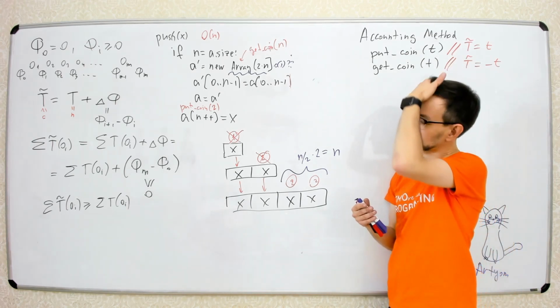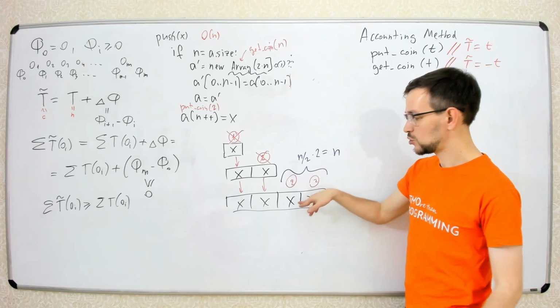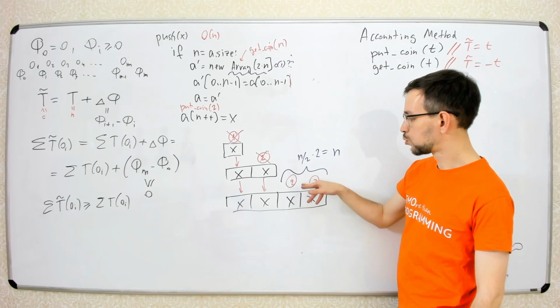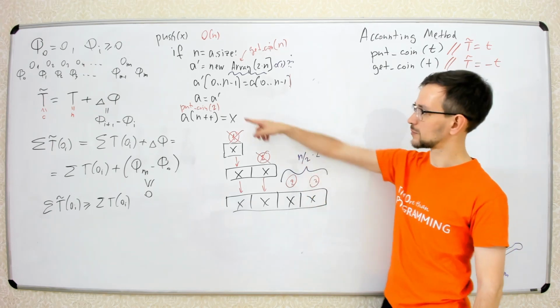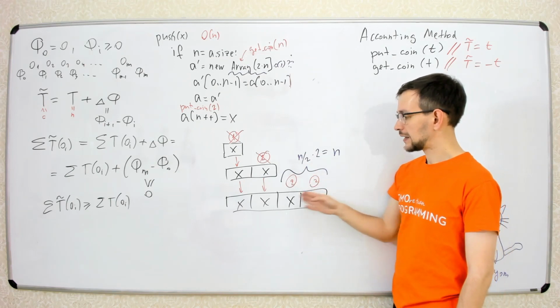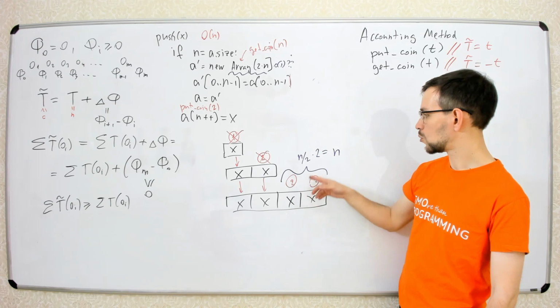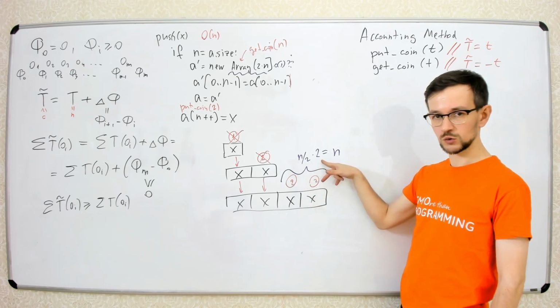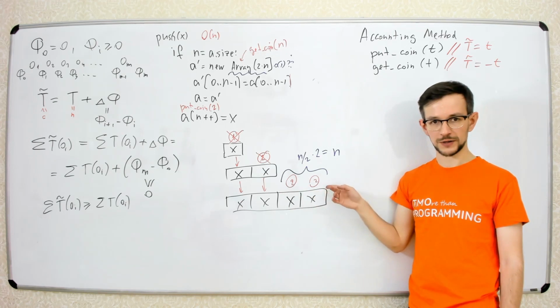Again, I'll repeat. So what happens? Each time we add a new element to the stack, we put a coin of size 2 on top of this element using this operation. And now when we need to copy these elements to the new array, we have n over 2 coins of size 2. So we have n total coins stored in our bank account.